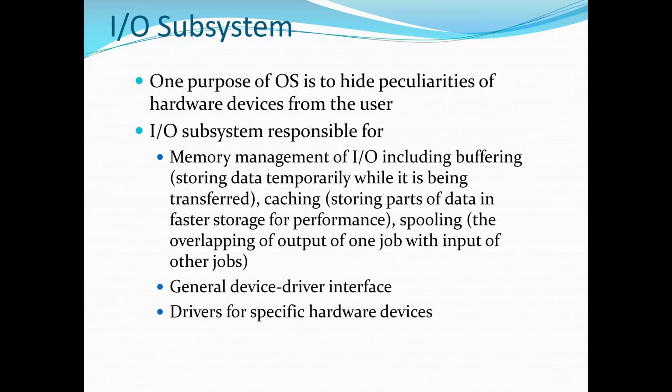The IO subsystem is responsible for memory management of IO, including buffering, storing data temporarily while it is being transferred; caching, which stores parts of data in faster storage for performance; and spooling, which we may discuss later on, is the overlapping of output of one job with input of other jobs. Then a general device driver interface, and also drivers for specific hardware devices.